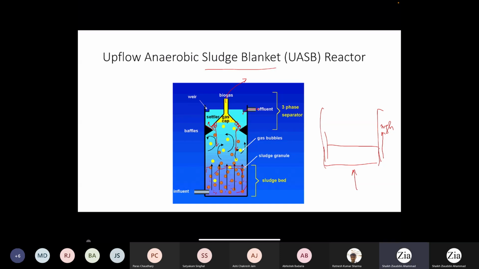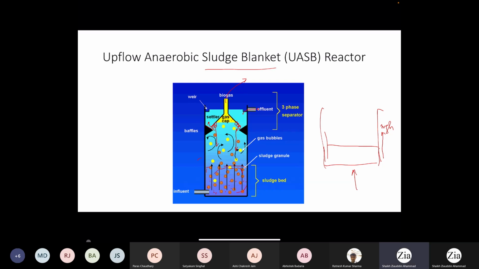The only disadvantage is that the system is very slow, and the startup time is significantly high, because you need to get a substantial amount of biofilm grown in the reactor first, and only then can you start the reactor. As the startup time is very long, failure of this kind of reactor is very problematic for the operator, because if you have a failed reactor system, reviving the reactor will take a substantial amount of time.